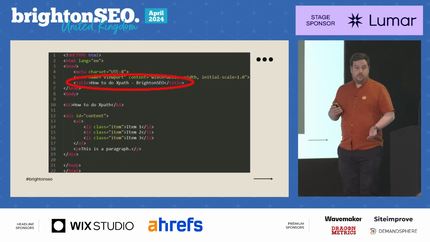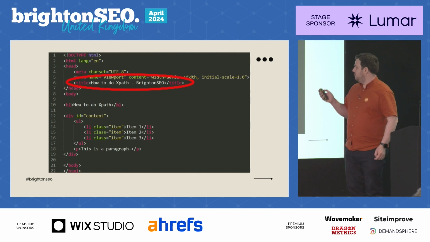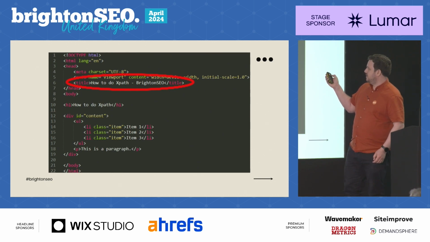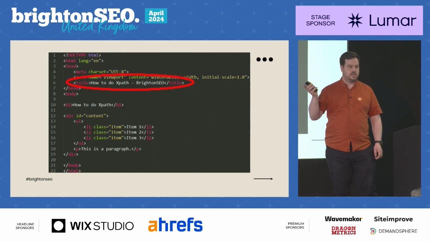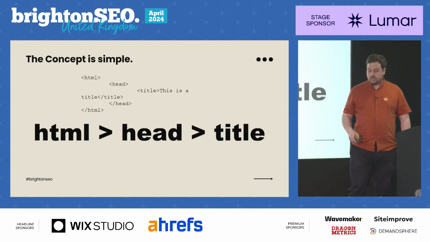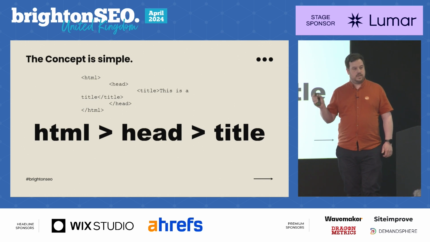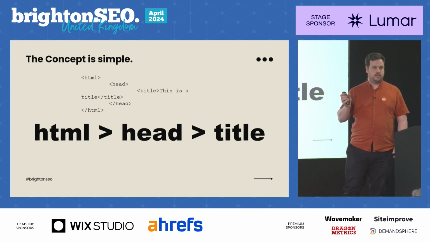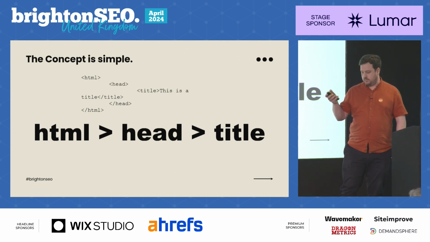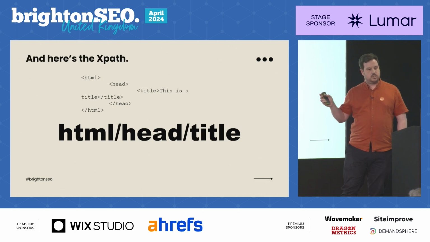So let's start with a real-world example. Here, I want to extract the title tag of this simple piece of HTML. In the structure of the HTML document, the title is within the head tag, which is within the HTML tag. So all you do is put a slash in between them.